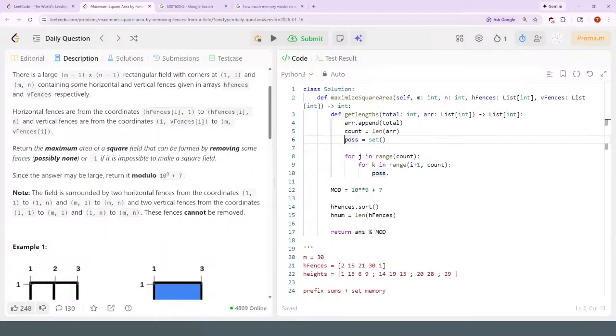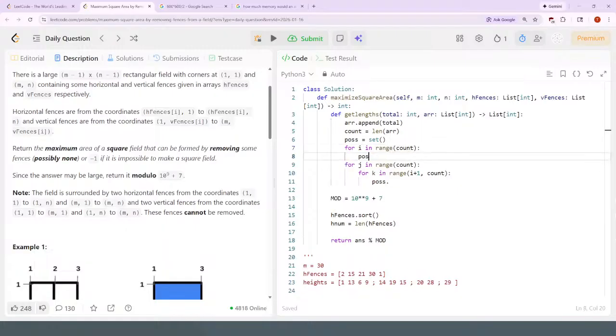I'll say the set is that, initially for every i in range count, possible add array at i minus 1, which is the difference between that horizontal placement and the top one. Then j plus 1 to count, possible add array at k minus array at j.